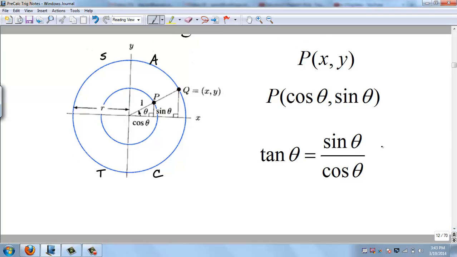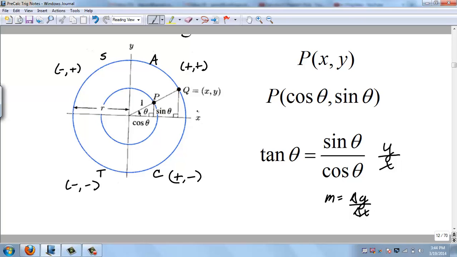Tangent is sine over cosine, or y over x, which is very similar to slope, which is delta y over delta x. A lot of times I remember each quadrant because I know the points are positive, positive in my first quadrant, then negative, positive, negative, negative, and positive, negative. And so when I look at this, I know what cosine and sine are doing, or I can remember all students take calculus.